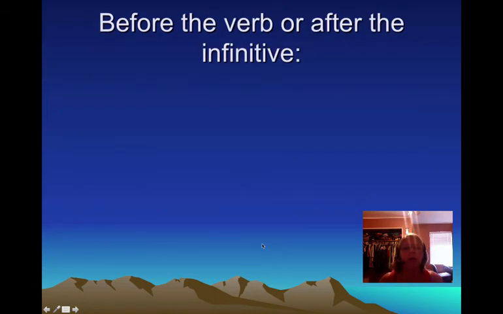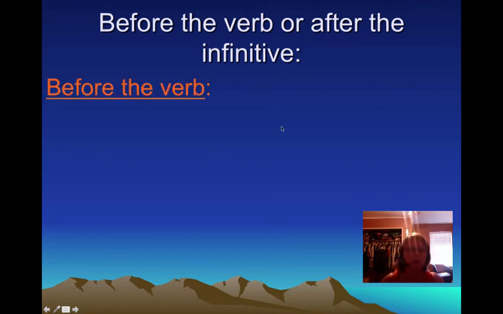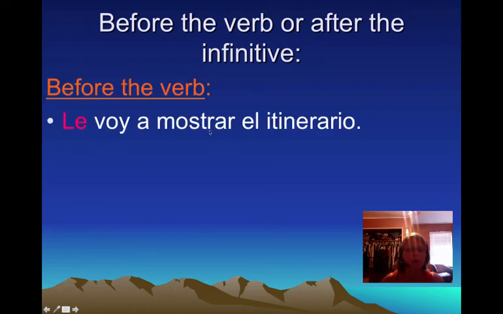Okay, we can put the indirect object pronoun, el pronombre, antes del verbo o después del infinitivo, just like you can with los objetos directos. Before the verb, le voy a mostrar el itinerario.